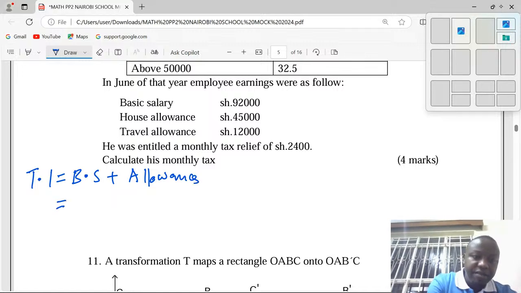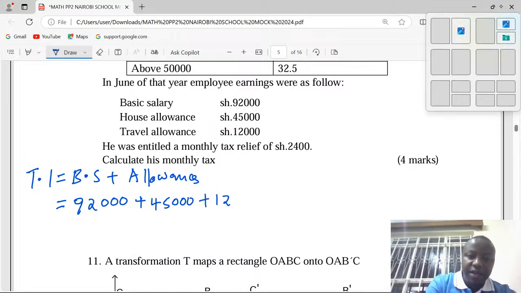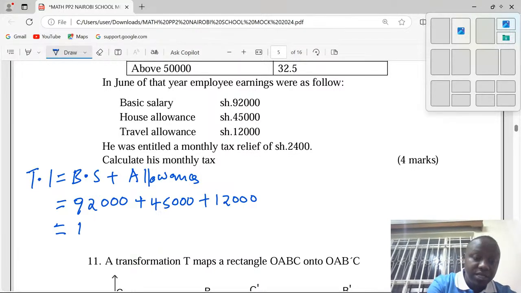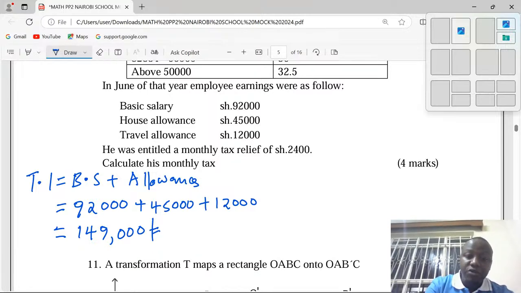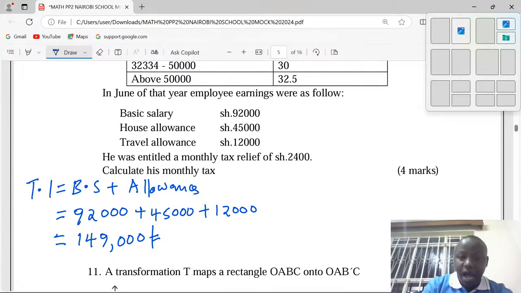So the basic salary is 92,000 and the available allowances are 45,000 for house and 12,000 for traveling. This is going to give us exactly 149,000 Kenya shillings. This is the amount that we're going to tax according to the above table.